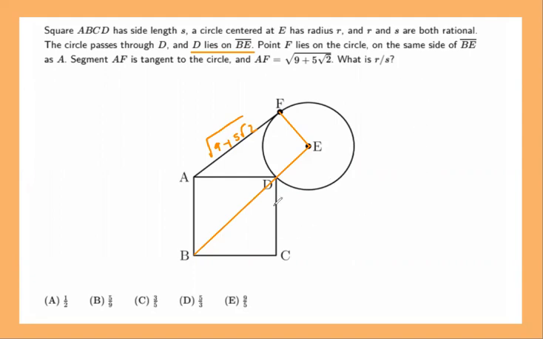Okay, so a couple of things we can try. The first thing we can try: this is a square, right? And this is a straight line passing through the diagonal, which reminds me these angles are 45 degrees. That might be useful because special triangles are always good.